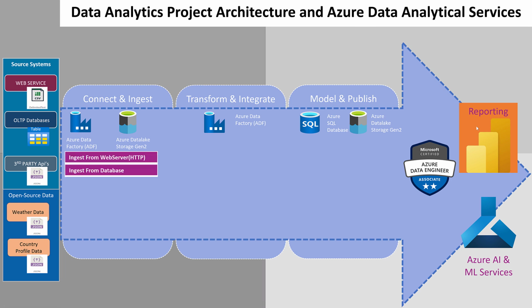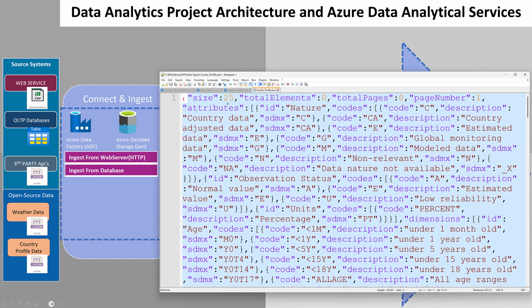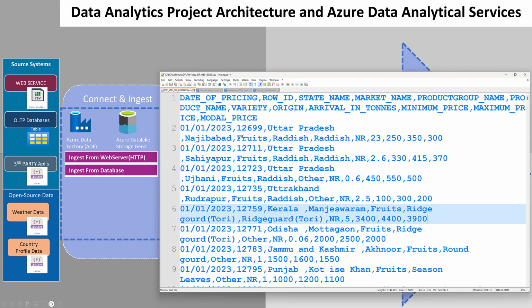So we are going to get pricing information data from web services. This is the pricing details that we have seen in the introduction lesson. We will go into detail about this data again, but for the time being, all the pricing information details are coming from the web service in delimited text format, and we are going to ingest that data into the data analytics platform.